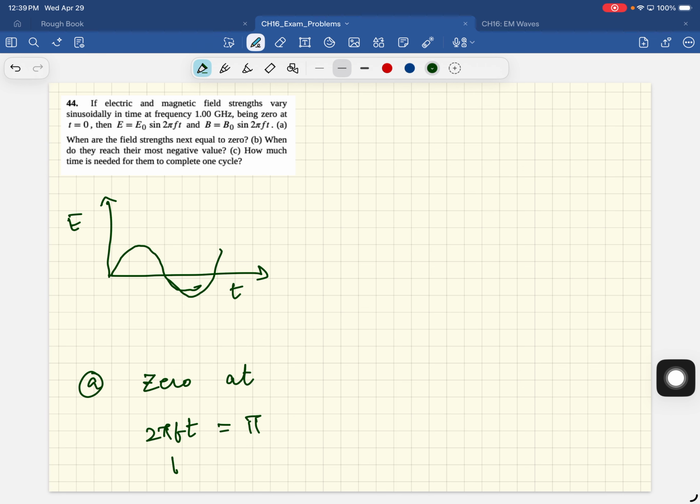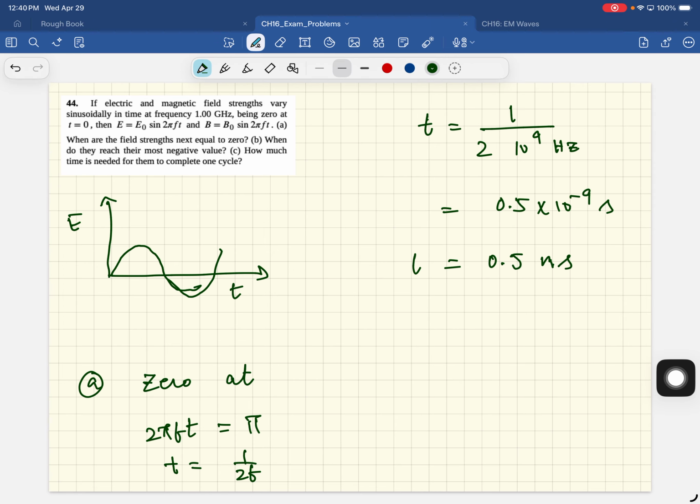So t equal to 1 over 2f. And by the way, 1 over 2 times the frequency, where f is 10 to the 9 hertz. Hertz is 1 over second, so 0.5 into 10 to the minus 9 seconds, 0.5 nanoseconds.